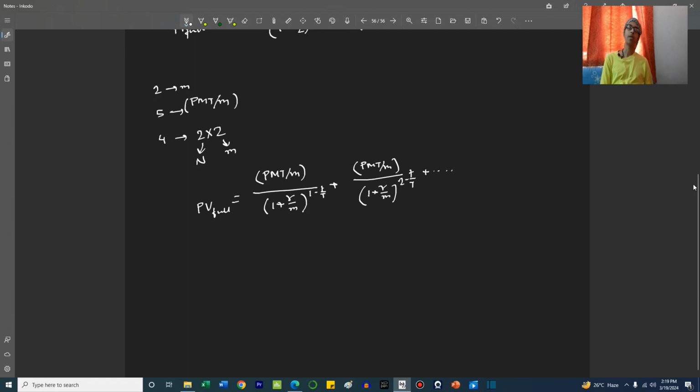The last payment will be principal plus PMT by M divided by 1 plus R by M to the power N into M minus t by T. This is the entire expression.